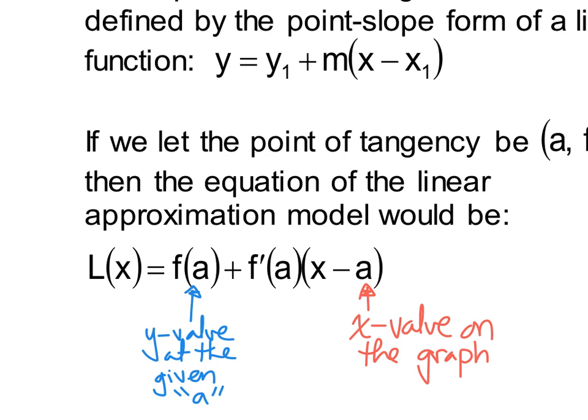All right, and then the last little ingredient here would be, let's make it purple, this guy. It's a derivative, f prime of a. That's going to be the slope at a.